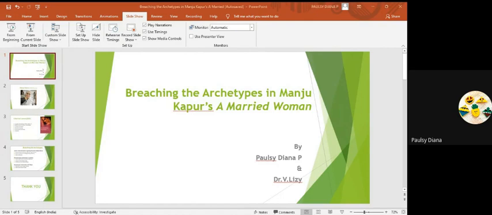So the present study thrusts on the novel A Married Woman. We see Kapoor mirrors the society through her characters in the novels, where women undergo gender disparity in both domestic and beyond. She has depicted the hardships women go through as a never ending odyssey and their struggle for establishing an individual identity for themselves.